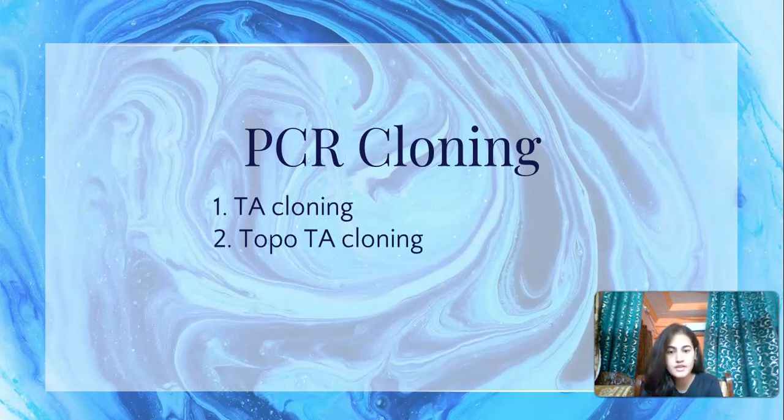So we can do all these things with PCR cloning. Let's get started with SnapGene, and in this video we are going to learn how to design your vector or your plasmid from scratch with any fragment, any gene you want to add. I'm going to teach you step by step how to do it. So let's get started with SnapGene.